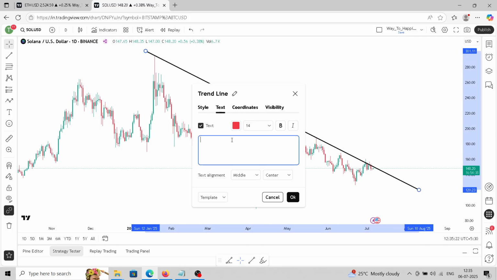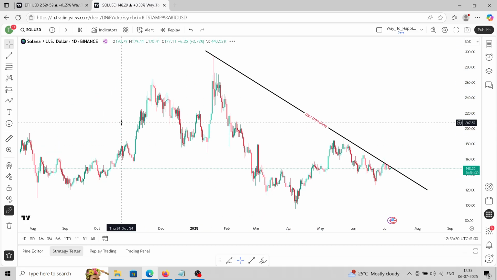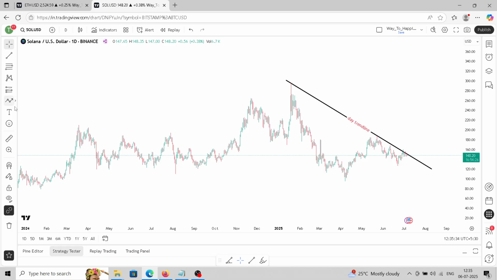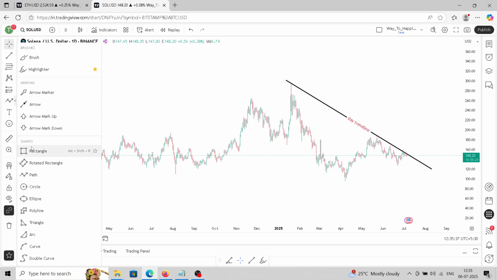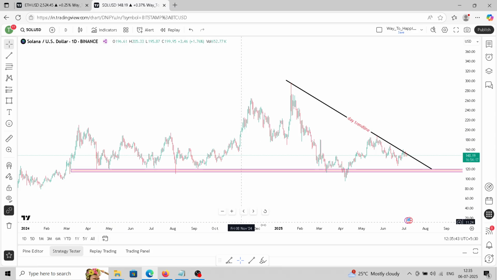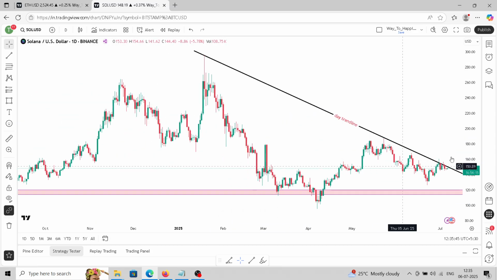This is the pattern, which is the day trend line. Okay. Is there anything else? Support, resistance, clear support it is showing.